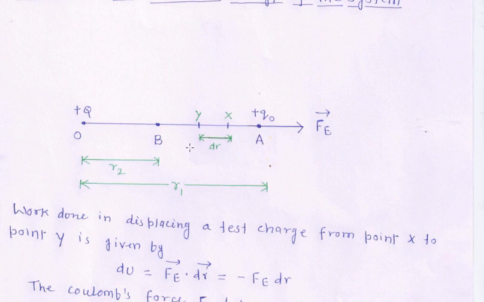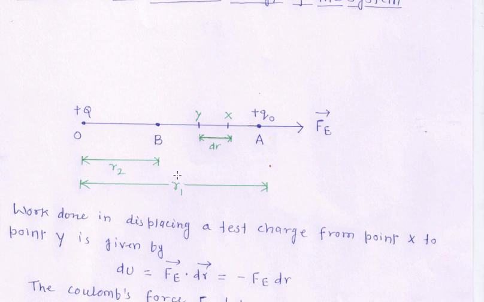In the first step, we will find the work done in displacing a test charge from point X to point Y, that is from lower potential to higher potential, through a very small distance dr. In the second step, we will find the work done in shifting a test charge from point A to point B. And in the third step, we will find the work done in bringing a test charge from infinity to the point B.